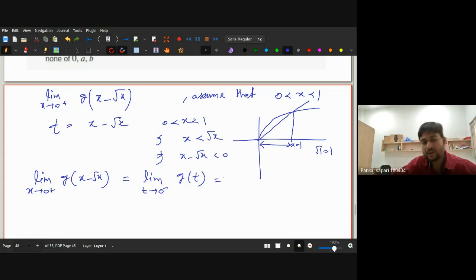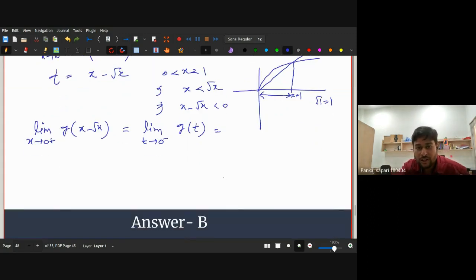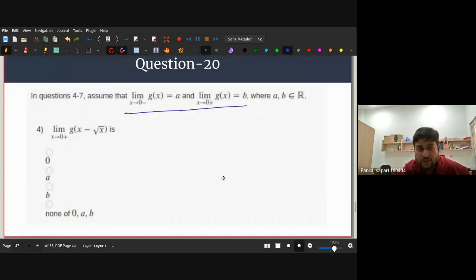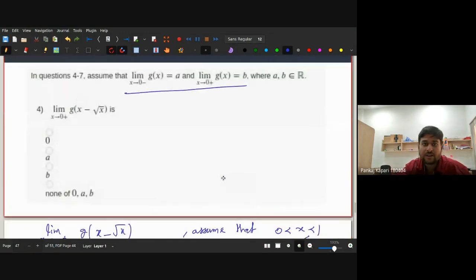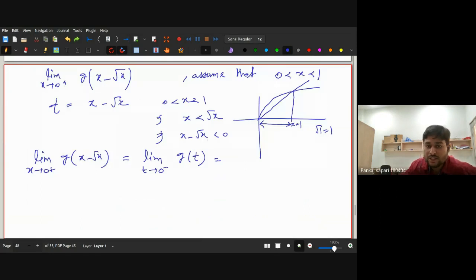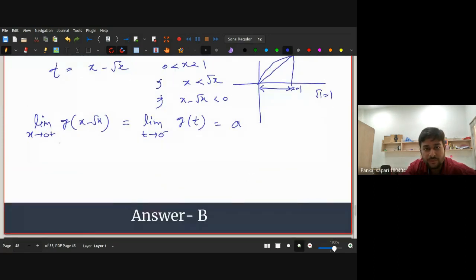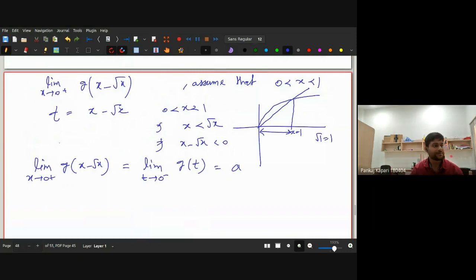And what is this limit? From the left hand side, the limit of g(x) when x approaches 0 from the left is given to be a. That means this limit is a. So the second option is correct. Any questions?